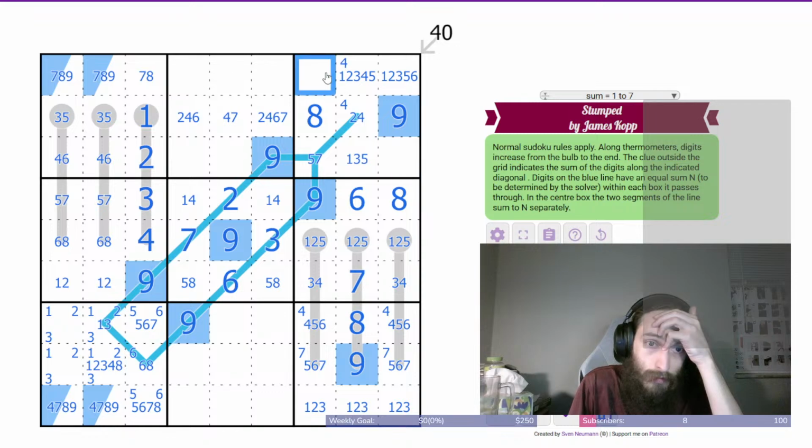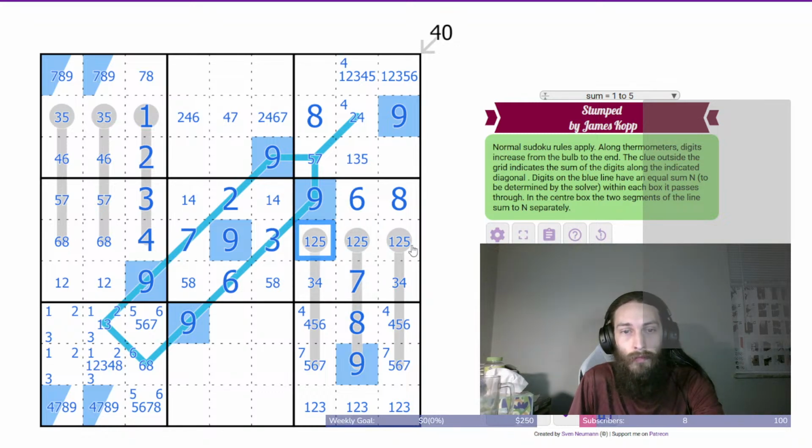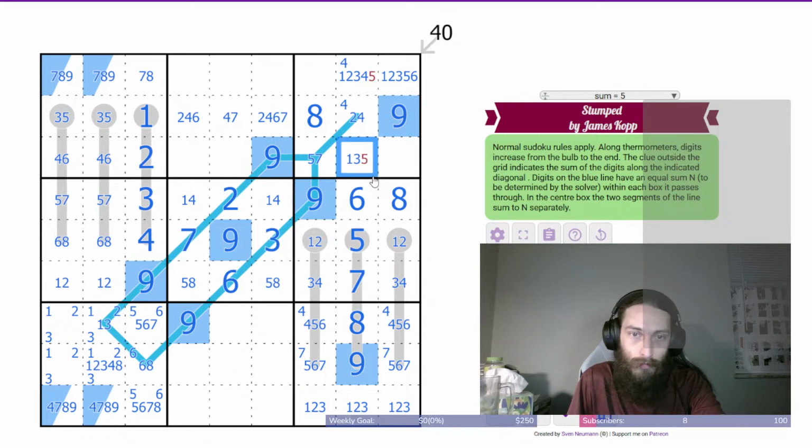The box 6, the thermobulbs. Followed by 3 or 4 can't be 5. Very true.